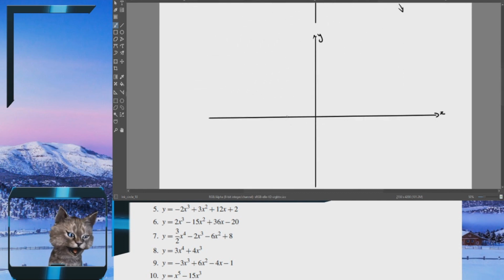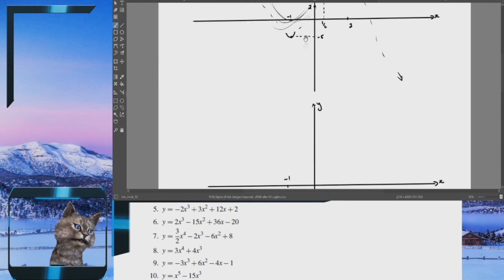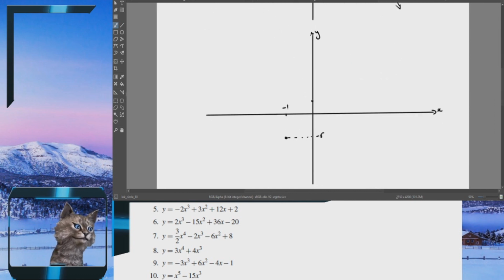So I have my point here, -1, -5. That's my critical point. I have my Y-intercept of 2. I have an 8.5. That was my inflection point. Put that over, not over there. I have to be a little bit closer.